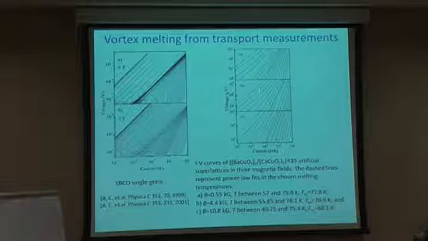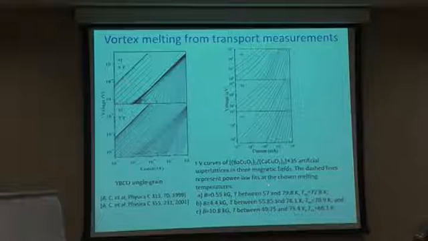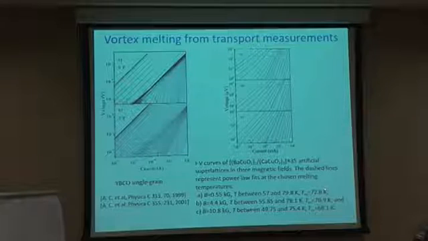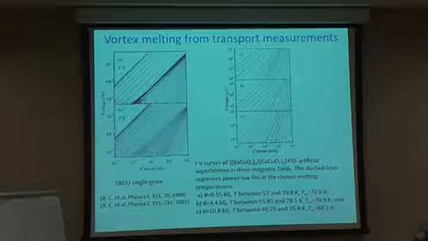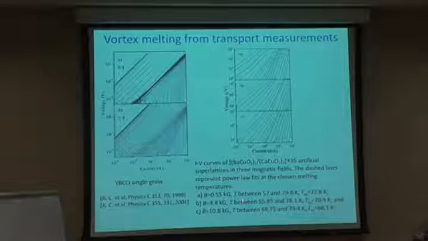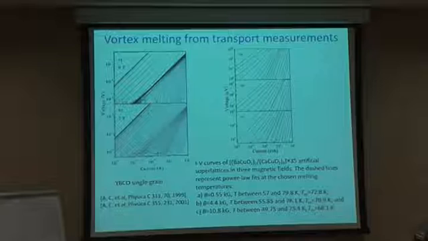The dotted lines at different fields are, and from this one you can find the melting temperature for each field. So for this field we have this melting temperature, for this field we have this melting temperature, and so on. If we repeat that, we can get points on this vortex melting line.